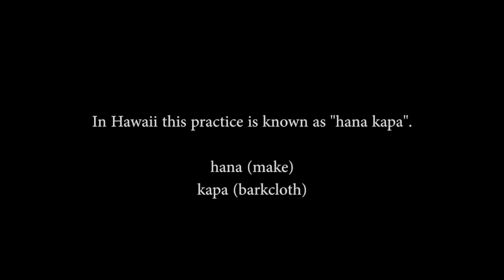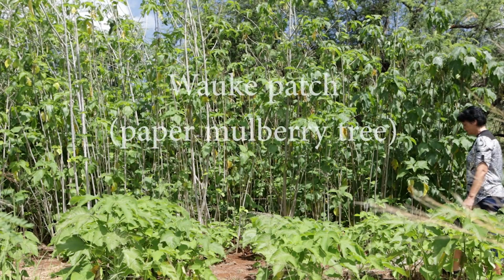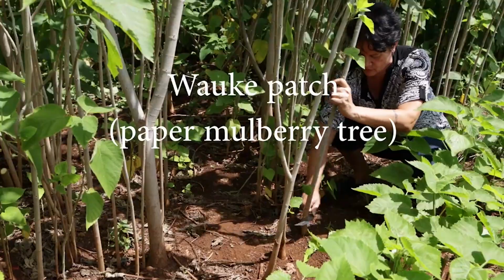Before the development of woven textiles, bark cloth was made in Polynesia for thousands of years. In Hawaii, this practice is known as hana kapa. Hana, meaning make, and kapa, meaning bark cloth. A wauke patch, paper mulberry tree, is chopped.